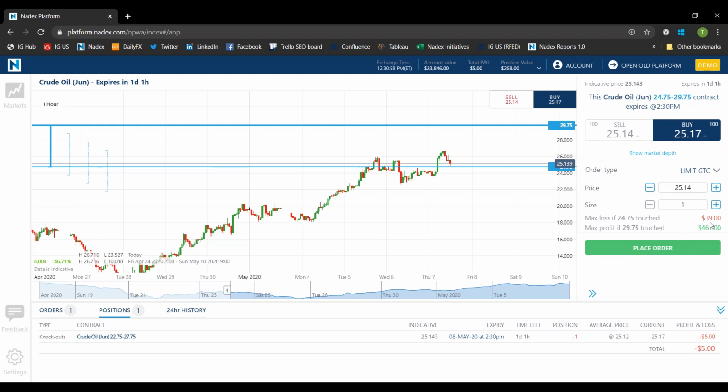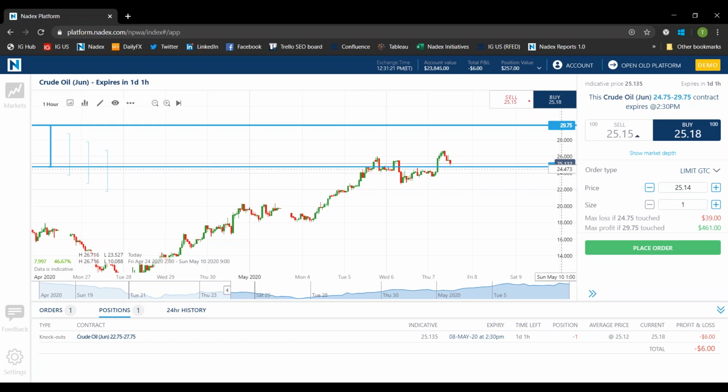But if I thought it was going to keep going higher, I've got much more room to the upside for it to go all the way up to 29.75 before I would be knocked out. So you've got to decide how much you are willing to risk, what kind of reward you are looking for, and how much room you want to have around your trade.